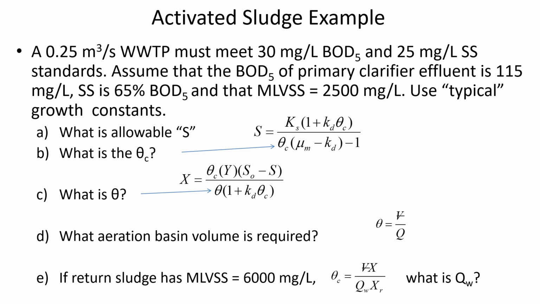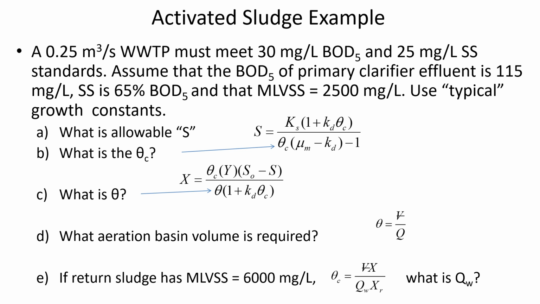So this example is saying that the effluent of the primary clarifier is 115 milligrams per liter BOD. So S naught is 115 milligrams per liter that's coming into the aeration basin. And then it also has suspended solids. Suspended solids is 65% BOD. And the mixed liquor volatile suspended solids that we're going to go for is 2,500 milligrams per liter.